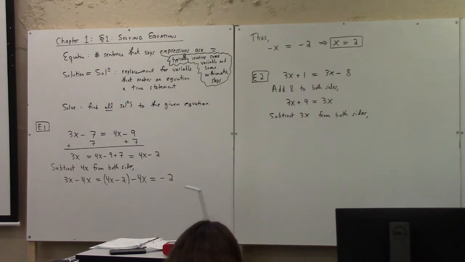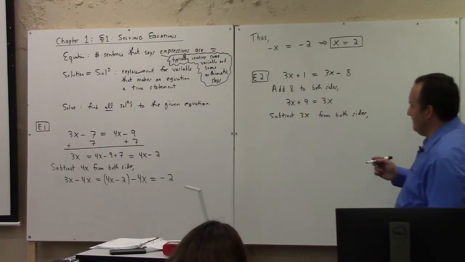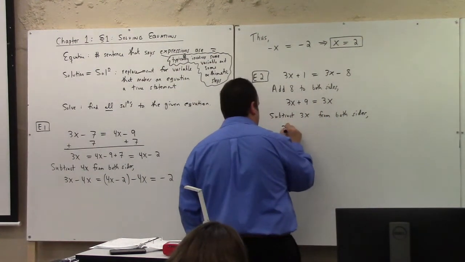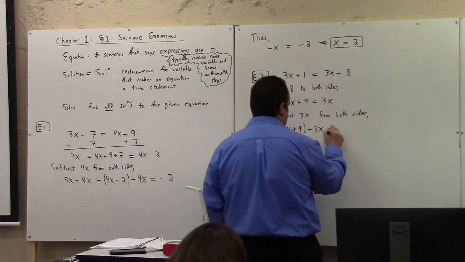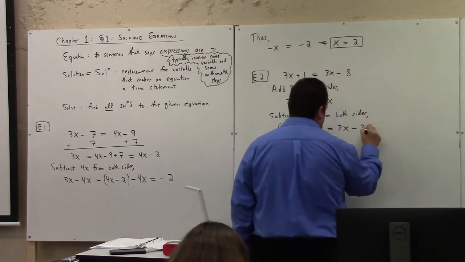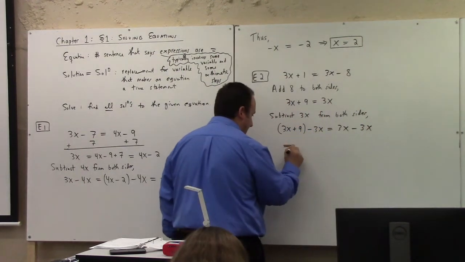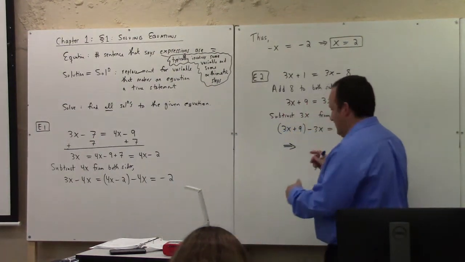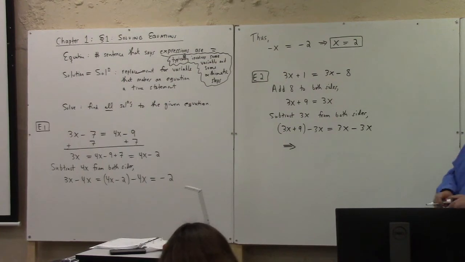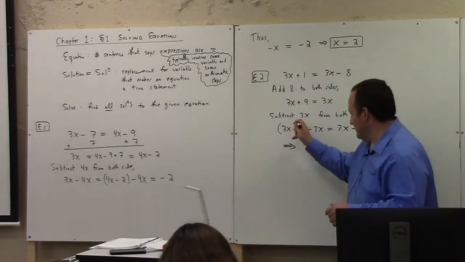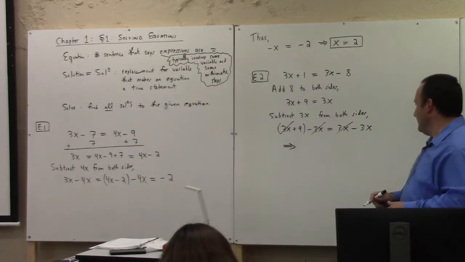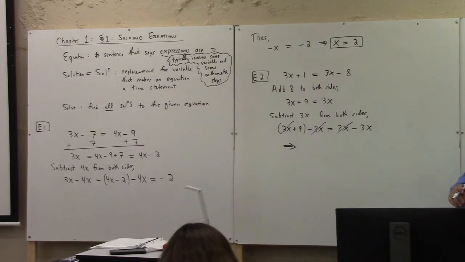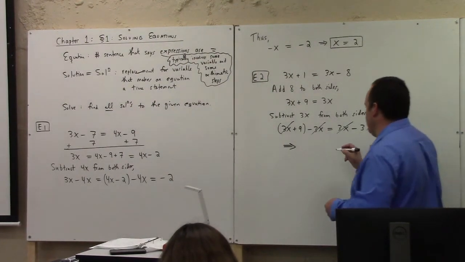What happens when I subtract 3x from both sides? I get a 0. I get 3x plus 9 minus 3x equals 3x minus 3x, which tells me what? So the 3x's cancel, right? And we're just left with what? 9 equals 0.